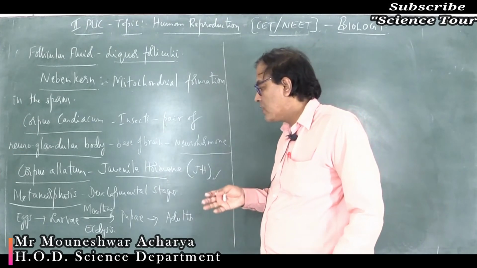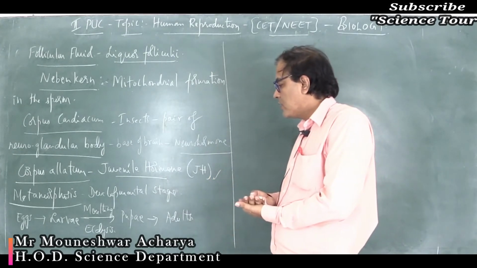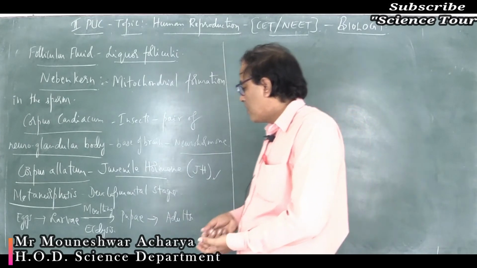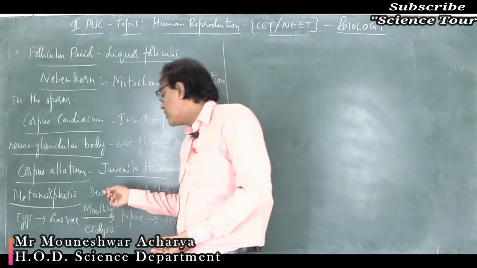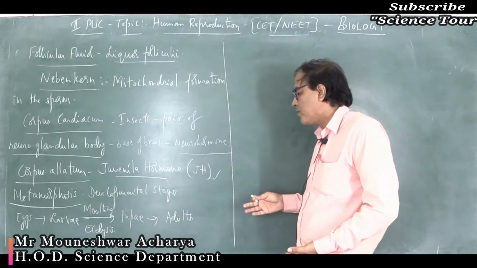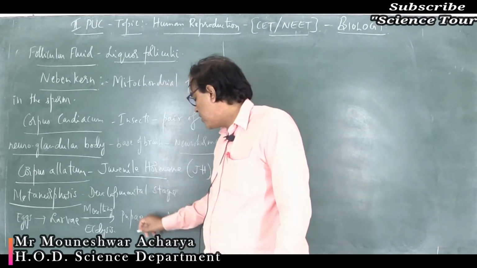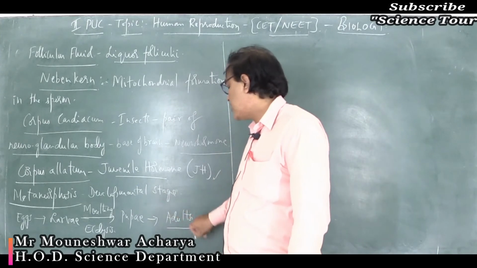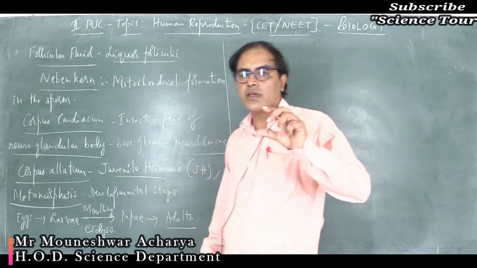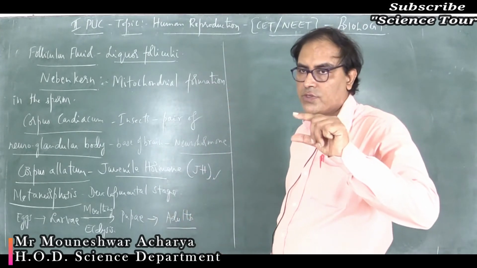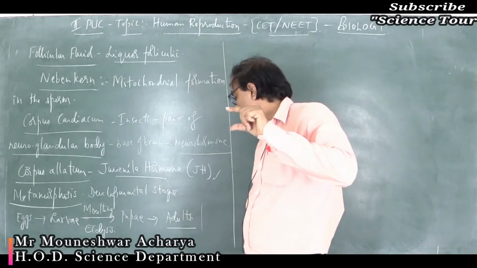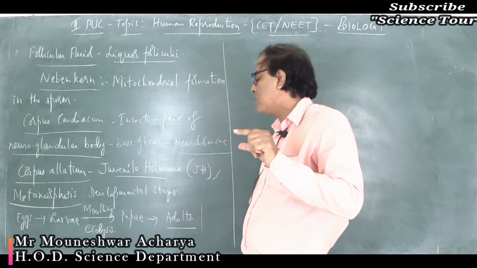But if it is secreted in less amount, then the different stages of molting will not complete, and it will form early pupa, and the adults which are formed will have a very short body size. So undersecretion is also not good, and oversecretion is also not good.